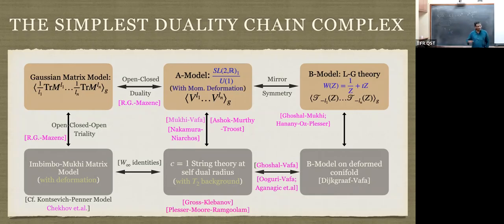They were just looking at free fermions and their scattering. So here you could do it at all genus. In fact, Gross and Klebanov first wrote down the partition function at arbitrary genus G for any radius, and then these people generalized it to scattering amplitudes for the tachyons with different momenta.